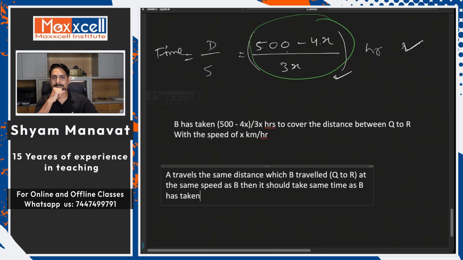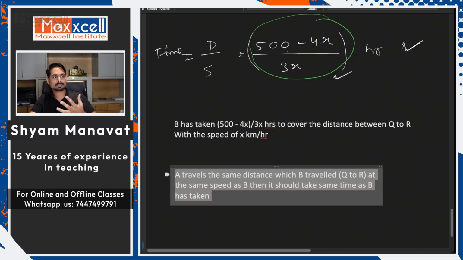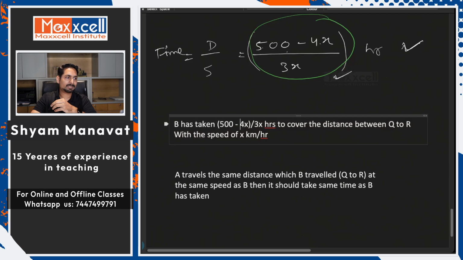Are you getting it? Because now A has acquired the speed of B and is traveling the same distance which B has traveled. So speed is same, distance is same, so time should also be same as time taken by B. What is the time taken by B? 500 minus 4x by 3x.